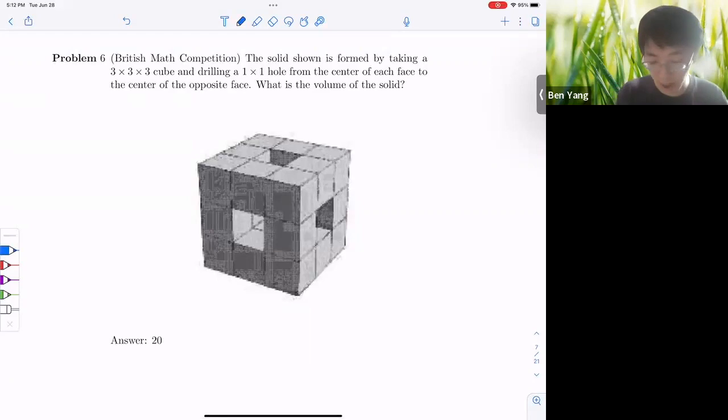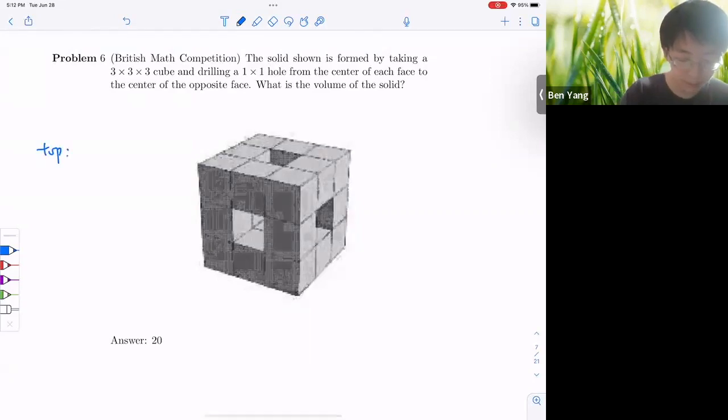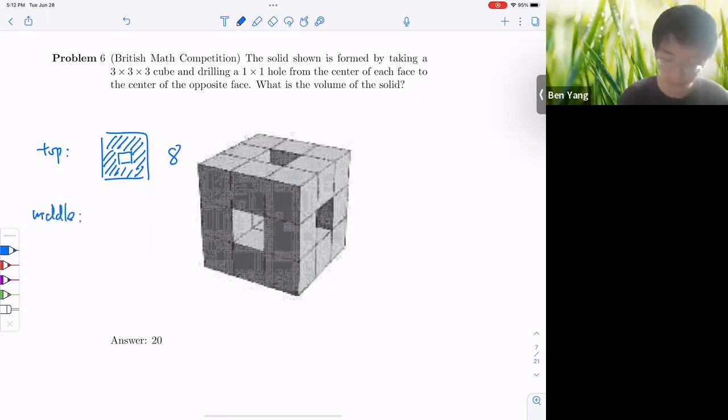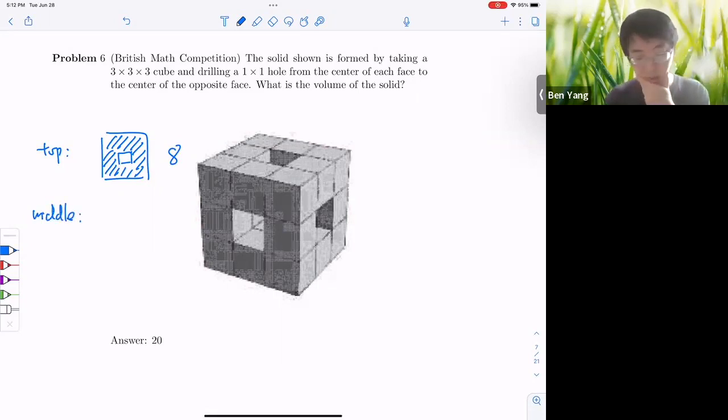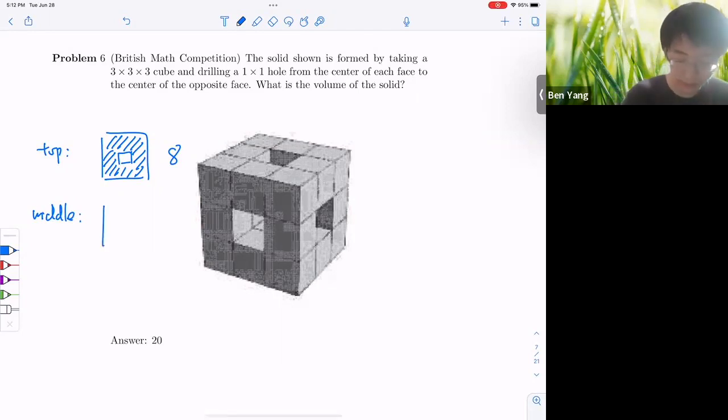So for the top layer, I guess we're just missing the one in the middle. So something like this. We're just missing the square in the middle. So this is the part we have, and the volume is 8. That's the top layer. And for the middle, it seems that we only have the 4 corners.